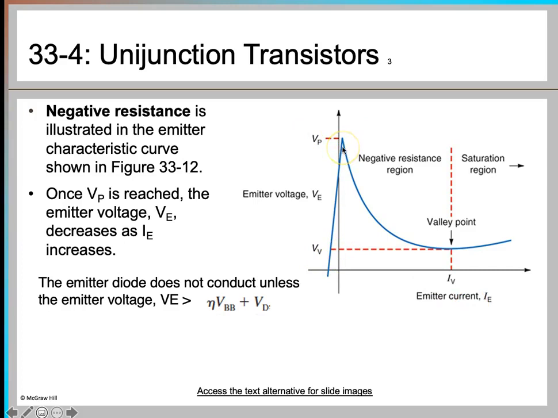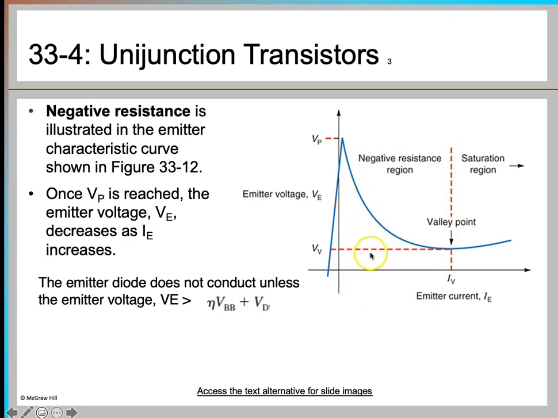As the emitter voltage increases, when it reaches this peak voltage point, after that your UJT will be turned on. Once the peak voltage is reached, we see a negative resistance region. What does that mean? It means that as the emitter current increases, the voltage is decreasing.